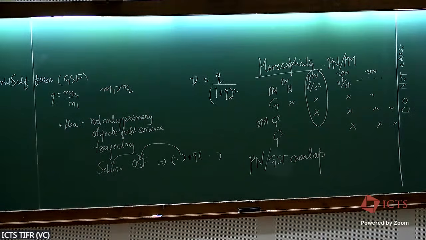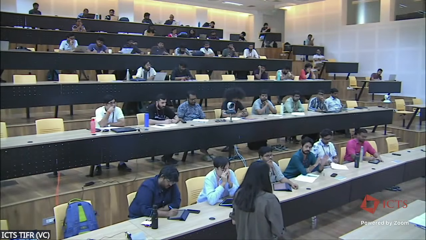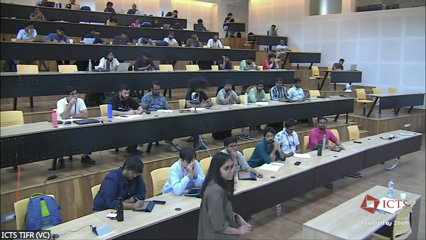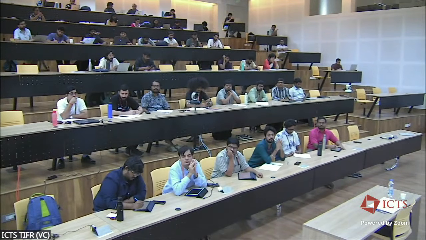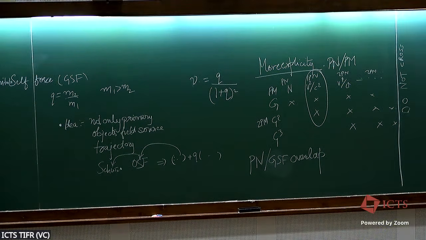So using these, because this matching is at order by order in PN, u square, u cube, and all these things. And that's what we have here, u square, u cube, u4.